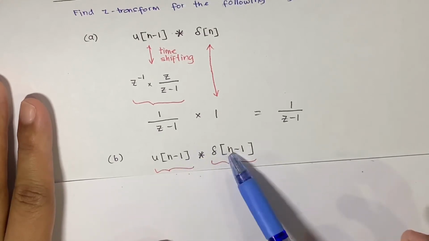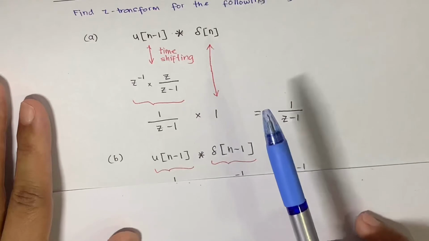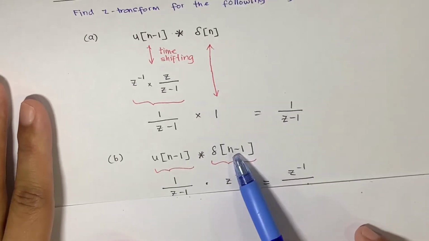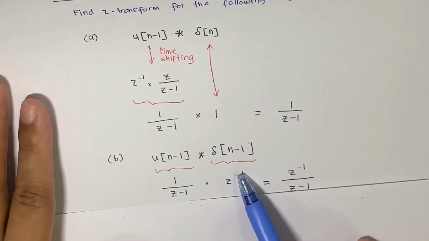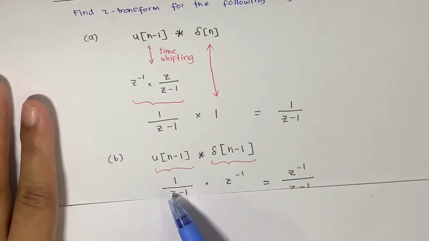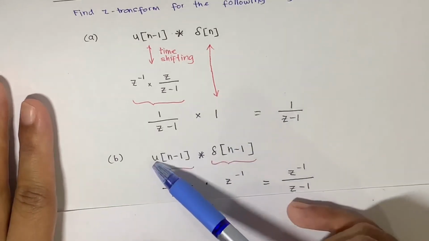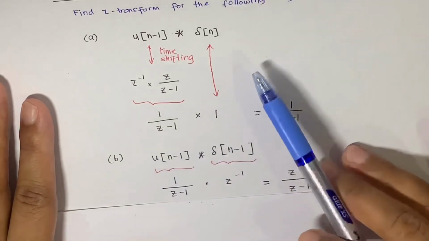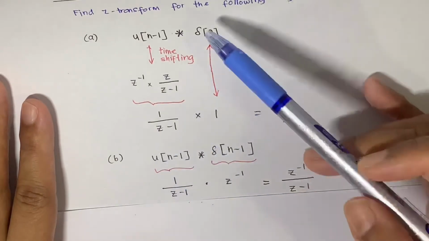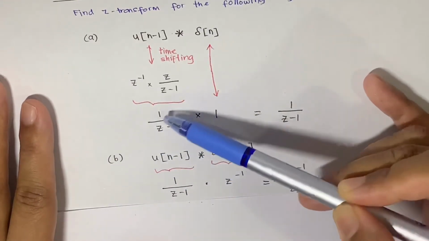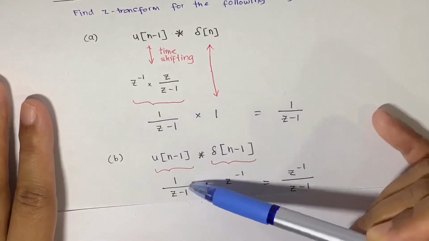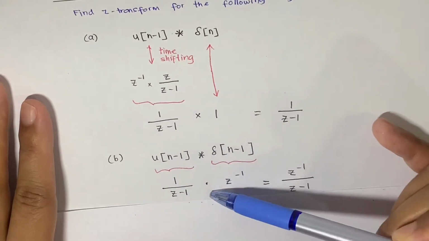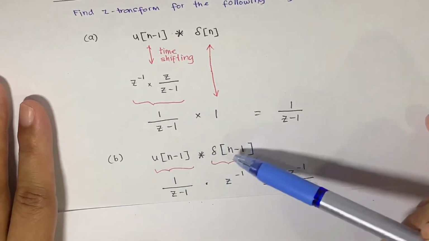Both of these terms use the time shifting property, so you just need to apply it. For u[n minus 1], just take it from here, 1 over z minus 1, multiplied by the z transform of impulse[n minus 1].